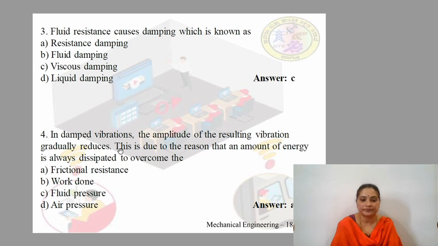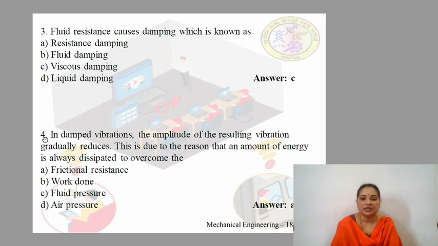The fourth one: in damped vibrations, the amplitude of the resulting vibration gradually reduces. This is due to the reason that an amount of energy is always dissipated to overcome the frictional resistance, work done, fluid pressure and air pressure.